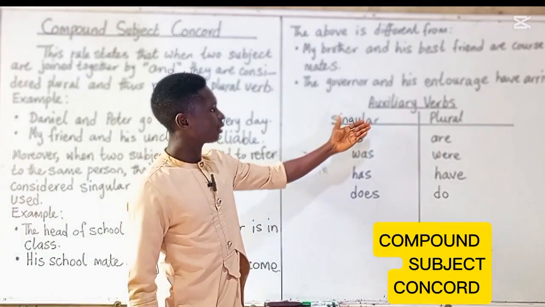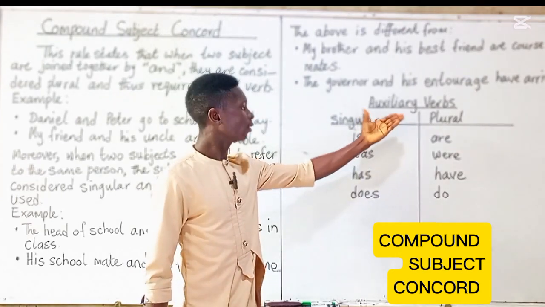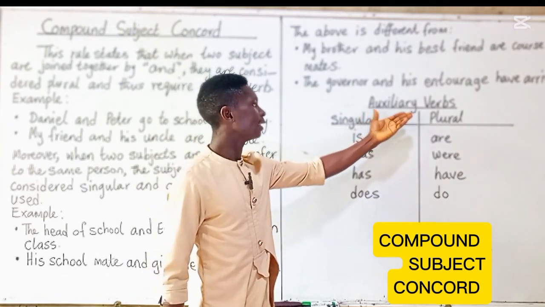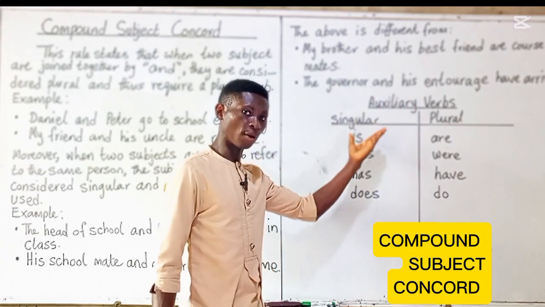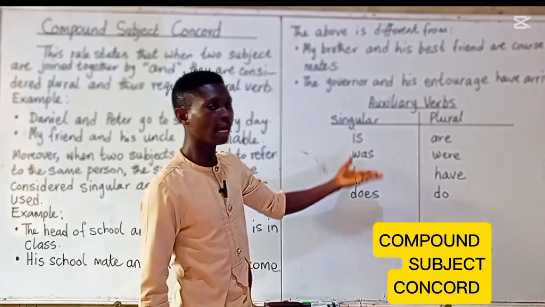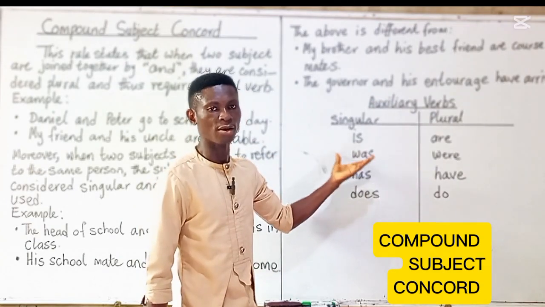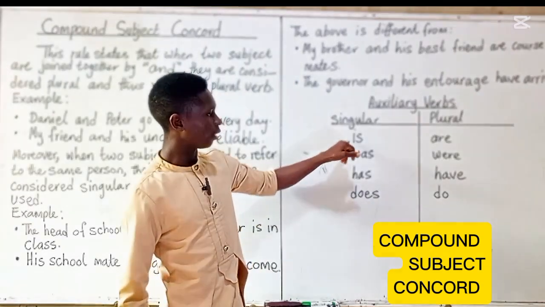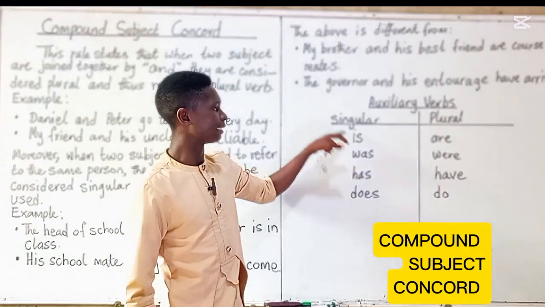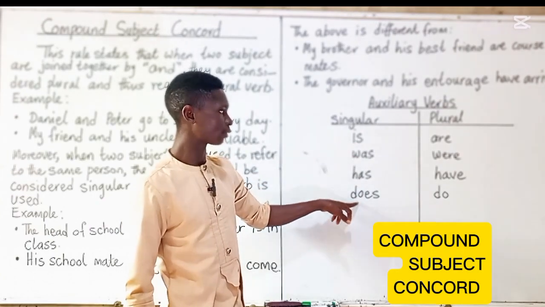Moreover, I'd like you to consider these few auxiliary verbs. Note the difference between the singular auxiliary verb and the plural auxiliary verbs. Here I'm only arranging the primary auxiliary verbs. It ranges from is, a singular verb, was, has, and does.